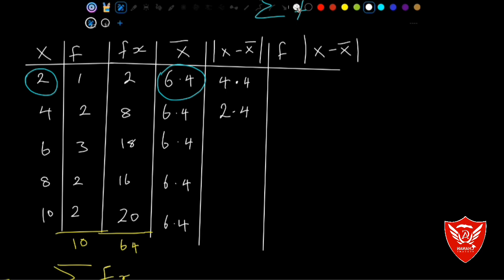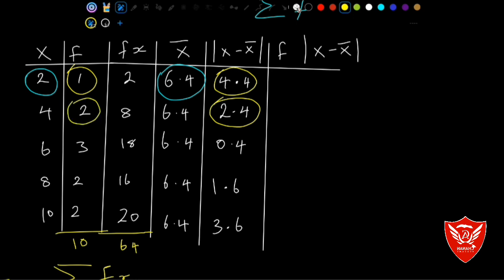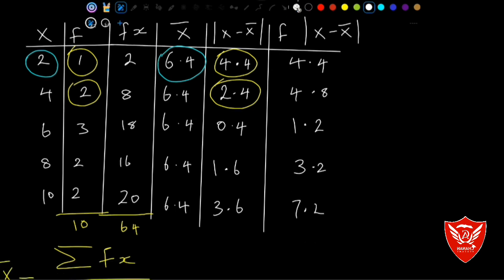If you do the same for everything, you're going to have the column. Now we are looking for the last column, which is the product of the frequency and the absolute value, multiplying this by this. That's how we get the last column. Now we are done with our table. It is now time for us to calculate the mean deviation.